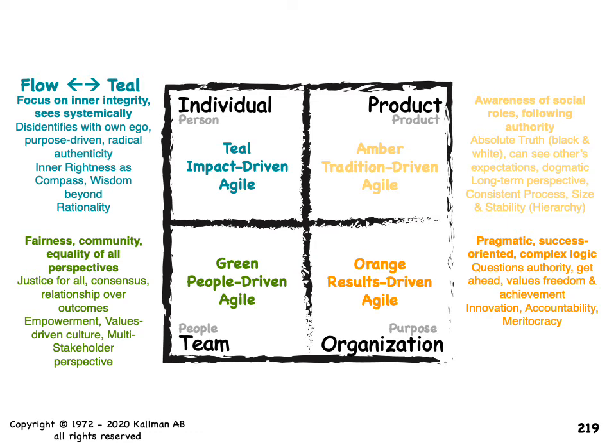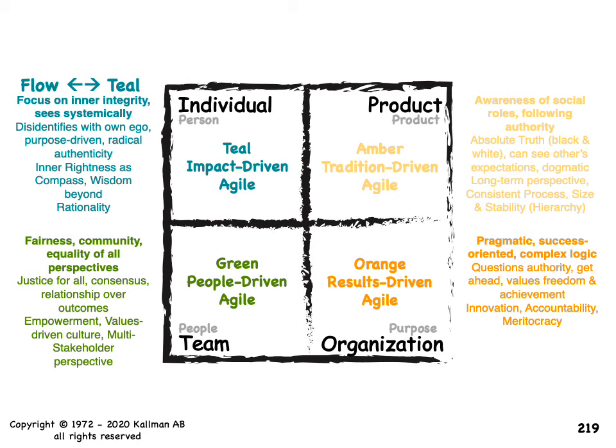In the individual box, here's where I put teal. Because if you can only get 6 or 7% of the people that even have the ability to be teal thinkers, I thought, well, let's put that in the individual box because the other 3 boxes include individuals. Okay.